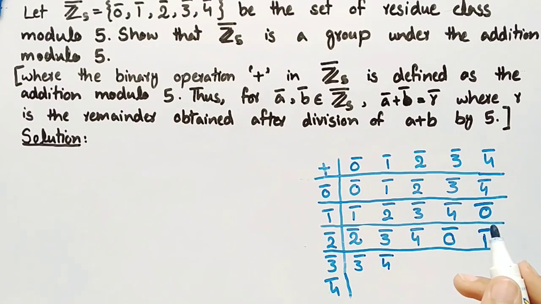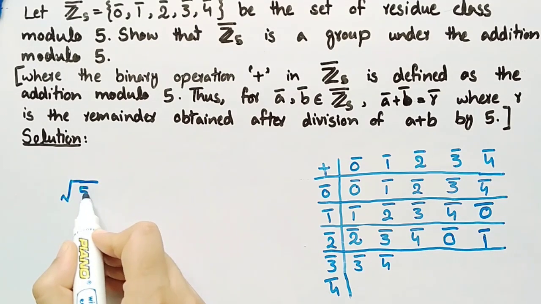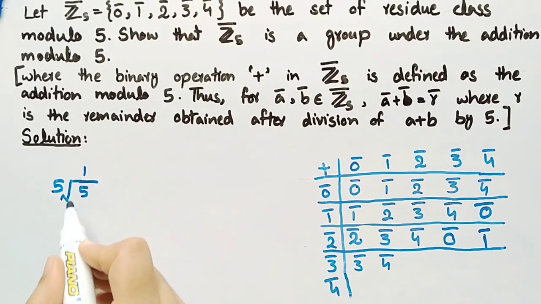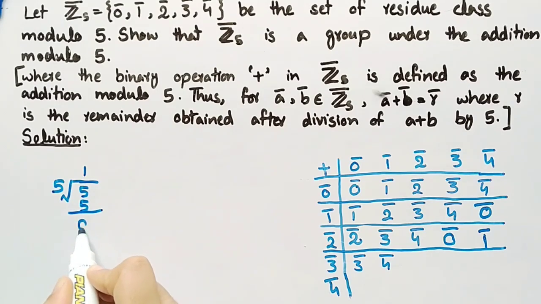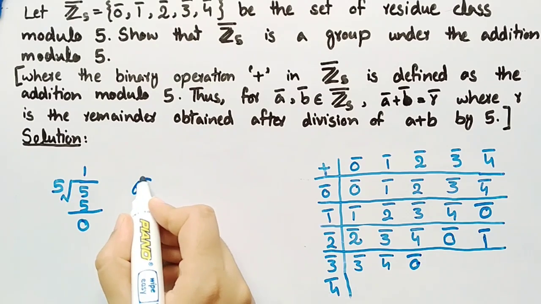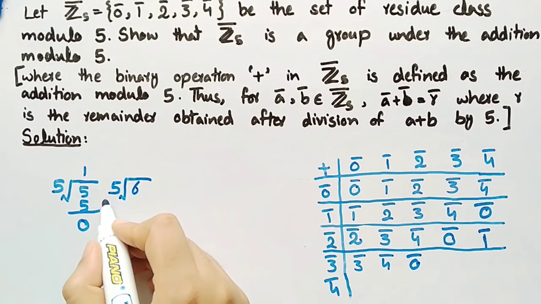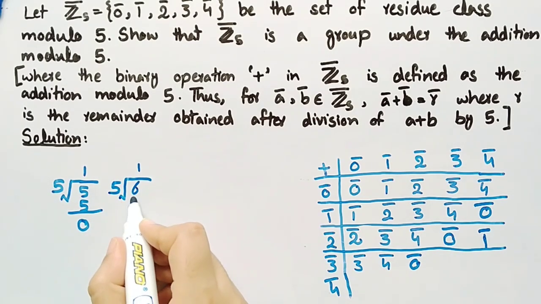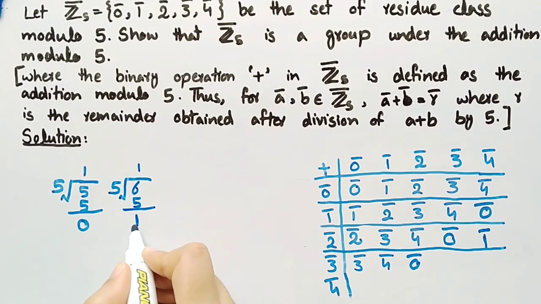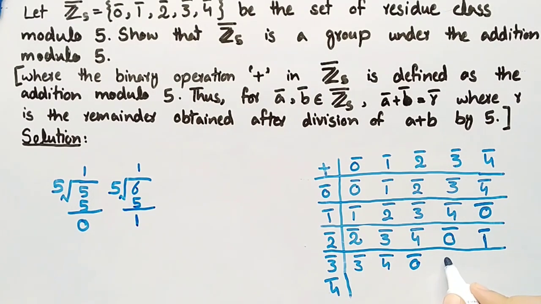Since 5 is equal to modulo, we divide 5 by 5. 5 times 1 is 5 and the remainder is 0. So here we will write the remainder, that is 0. 3 plus 3 is 6 and it is greater than modulo, so we will divide 6 by 5. 5 times 1 is 5, remainder is 1, so here we will write 1.